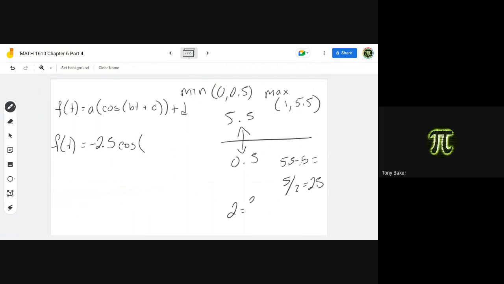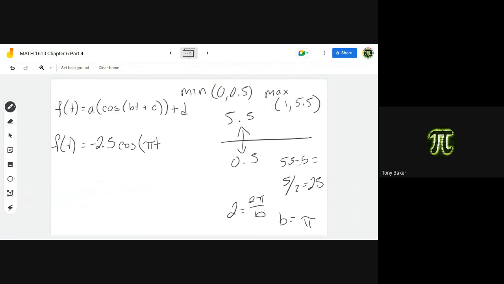So 2 equals 2 pi over b, so my b is going to be just pi. So pi of t. Any questions on those two?